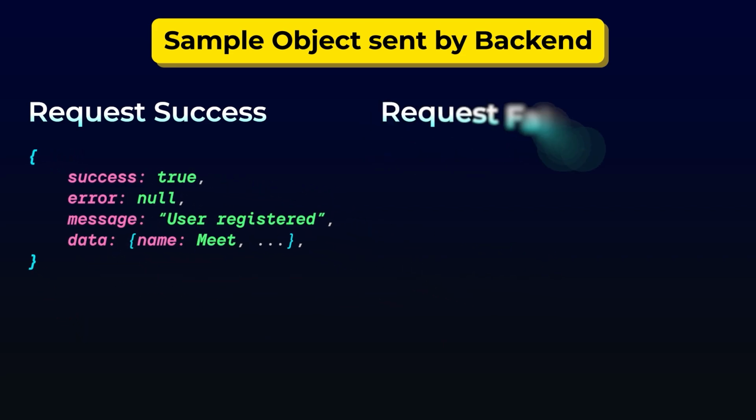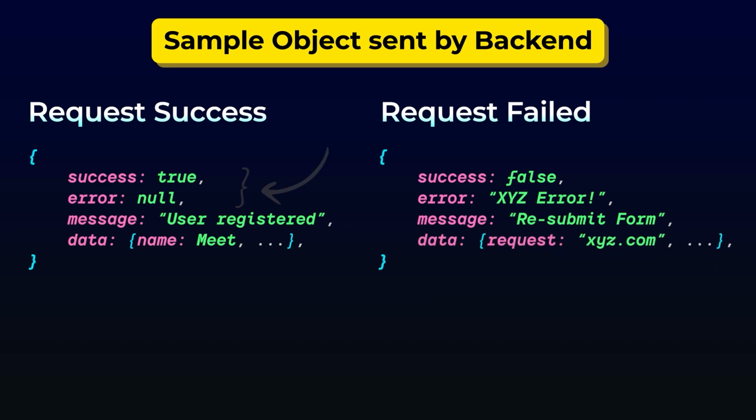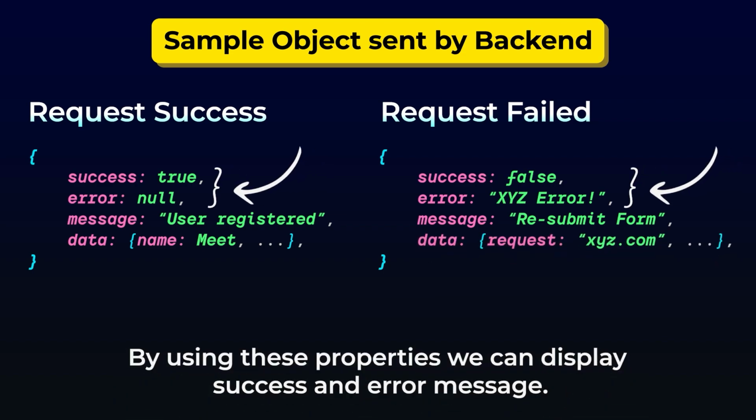And if the request failed, then success is false, error is the error message, and if they want to send more details of the error, then they can also add that.